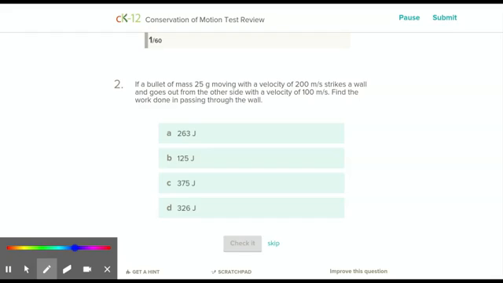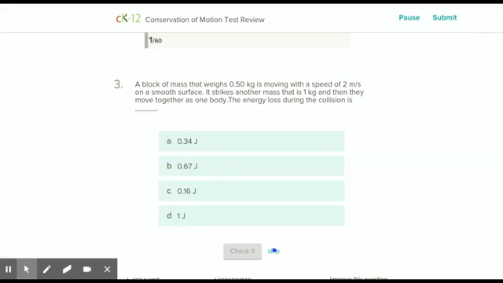Well, don't worry about it. It's too much conversion, and it's a conservation of momentum, and also you have to calculate how much kinetic energy was there. So you have to subtract the kinetic energy to find the work done. Too much time. So next question.